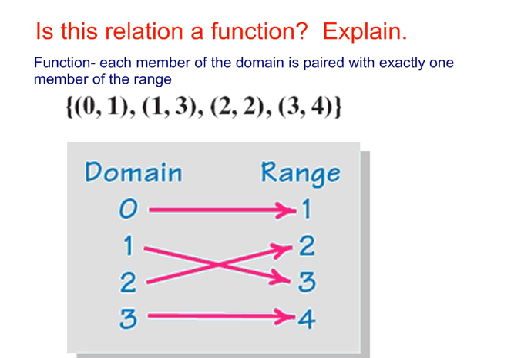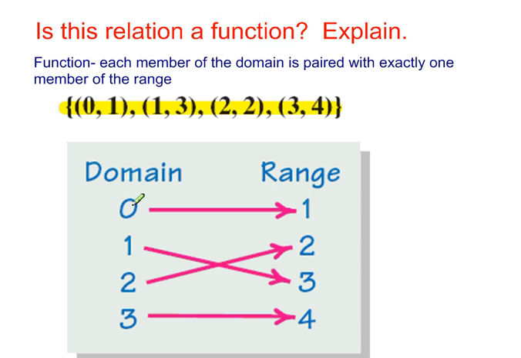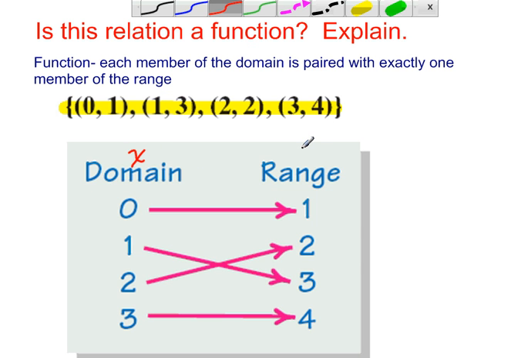Okay. A question here: is this relation a function? And then explain. What we've done is taken our relation, the set of ordered pairs, I'll highlight it here, and we've broken those ordered pairs into a domain and range. Remember, the domain is the x, and the range is the y.